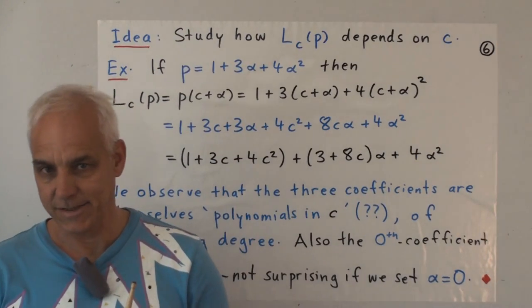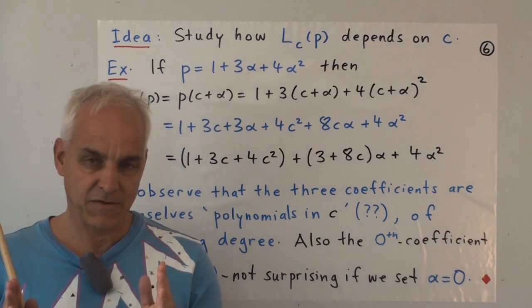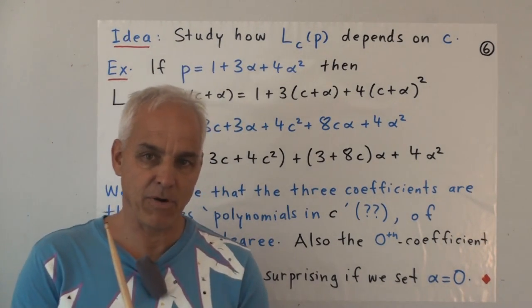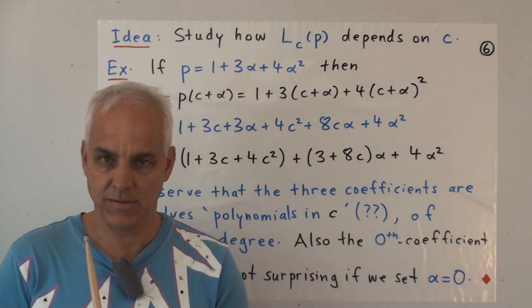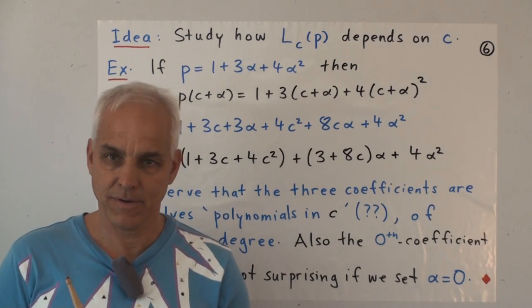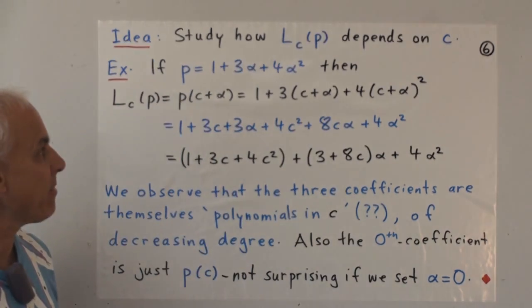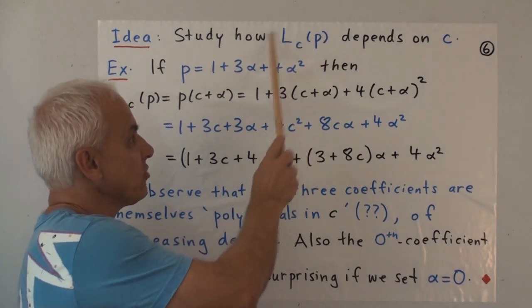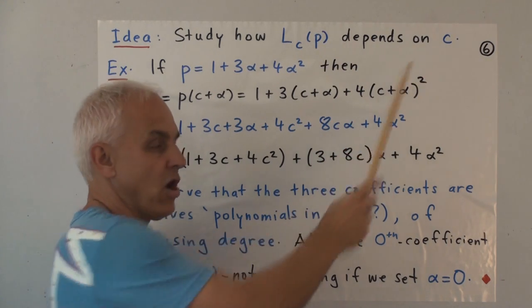Alright, so here's an interesting idea. We had the idea of translating a polynumber by an integer c, perhaps by 1 or by 2 or by 37. The idea is to think about how this translate depends actually on c.